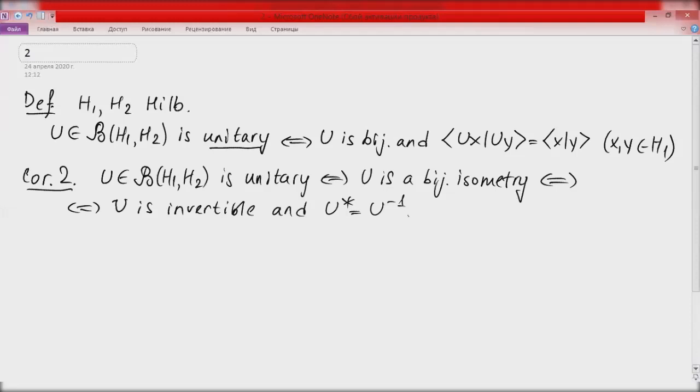Well, again, this is a special case of our previous characterization of isometries. U is an isometry if and only if U star U is the identity map. But if you already know that U is bijective, this equality is equivalent to U star equals U inverse.